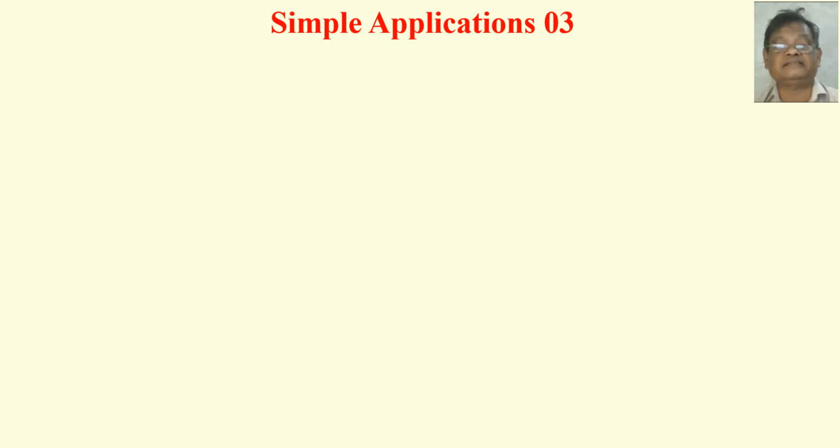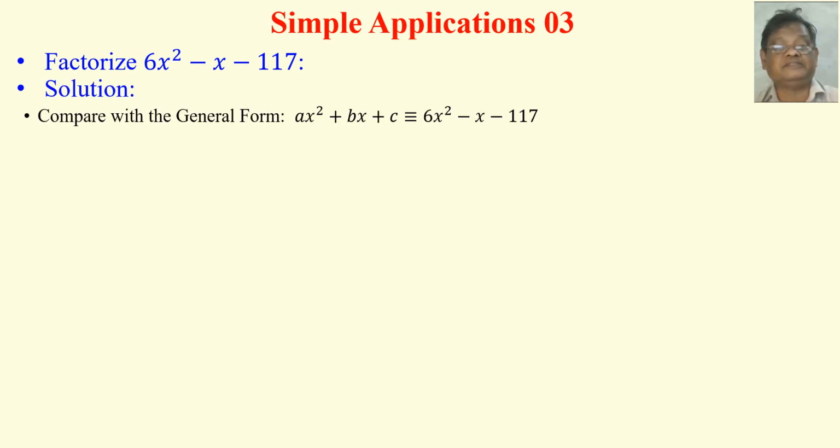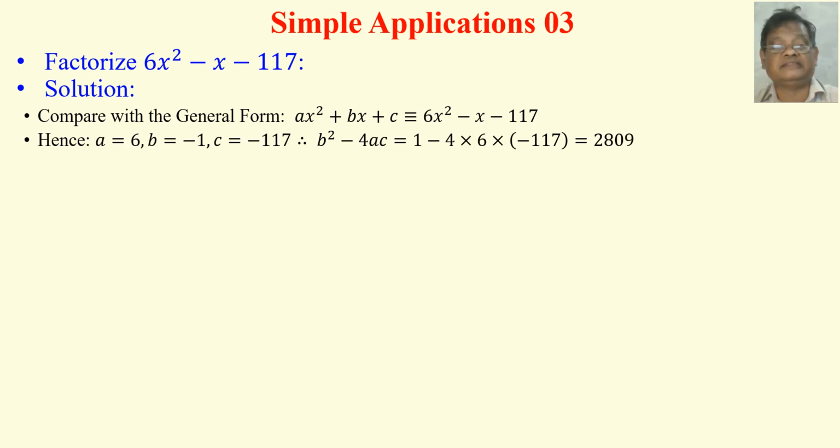Simple applications 3. Factorize 6x squared minus x minus 117. Solution. Compare with the general form ax squared plus bx plus c, which is identically equal to 6x squared minus x minus 117. Hence, a equals 6, b equals minus 1, c equals minus 117.